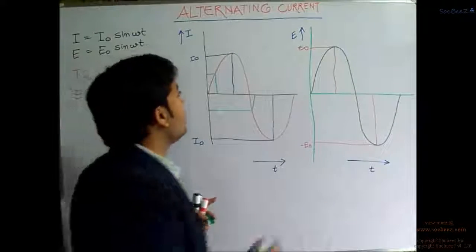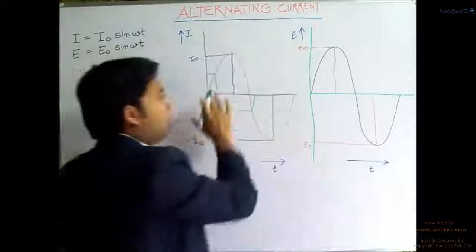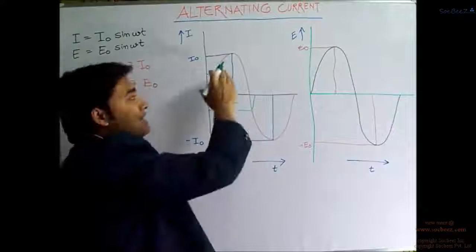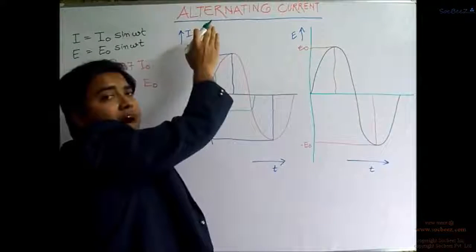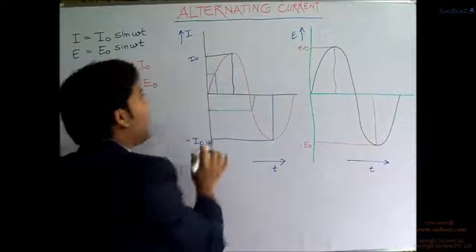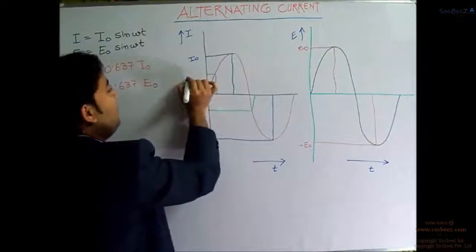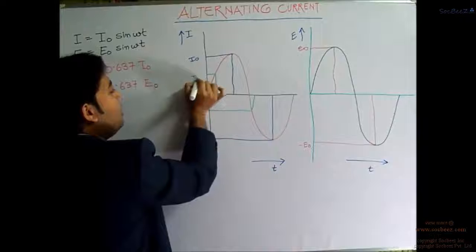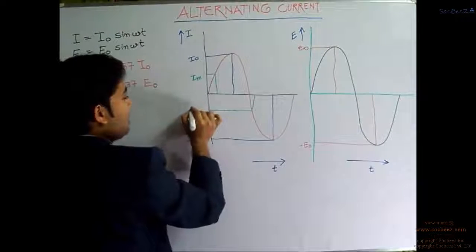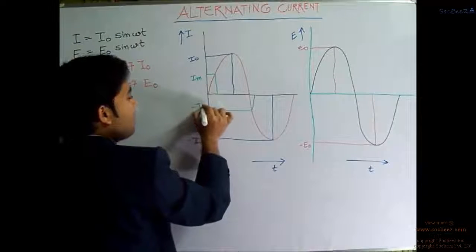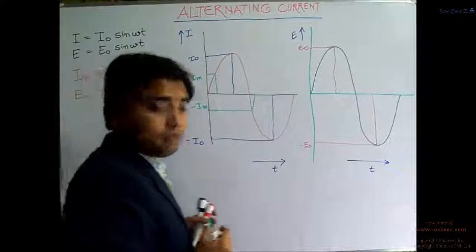Okay? We are showing it on only one side, on the positive side of I, and one on the negative side of I. So this will be the value of Im and this will be the value of minus Im, right?